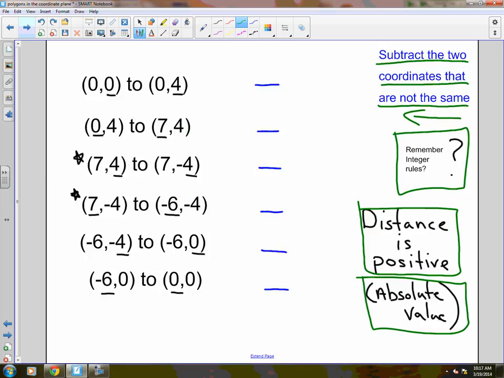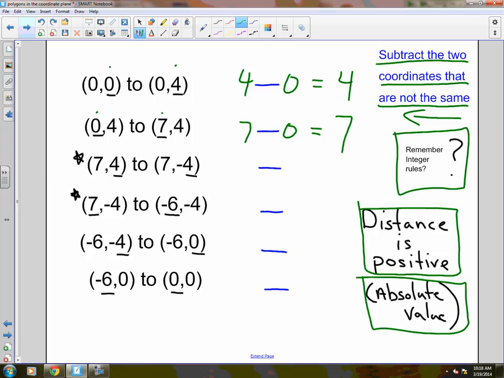Okay, so basically, I underlined the two numbers that were different. So 4 minus 0 equals 4. So what's 7 minus 0? 7. Uh-oh, I have a star next to this one.